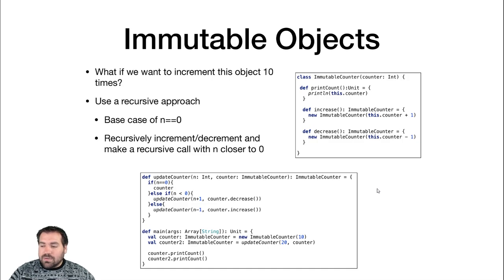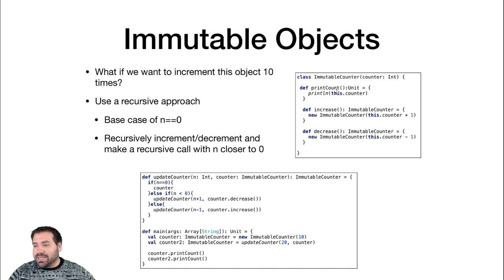How do we pull the actual value then? For this example, I've restricted that. You can't actually access the variable counter from outside of the immutable counter class. I did that on purpose just to force immutability and recursion and all the goodness that we've been talking about. But I did add this one method just so we can see the value of counter, so you can still print it to the screen.